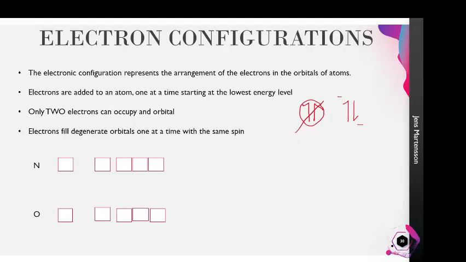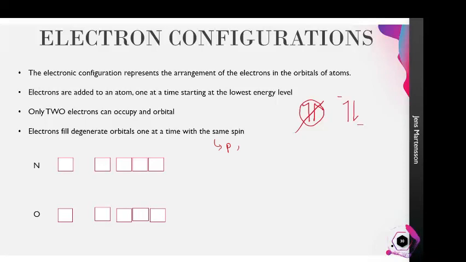When we're filling our electron orbitals, remember that we fill them one at a time. Only 2 electrons can occupy an orbital, and electrons fill degenerate orbitals with the same spin, one at a time. Our degenerate orbitals will be our p orbitals and our d orbitals, but for now we'll be dealing with our p orbitals.